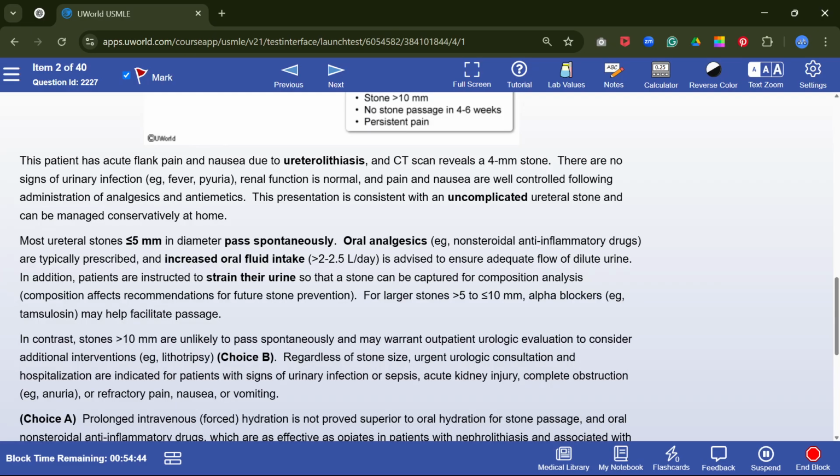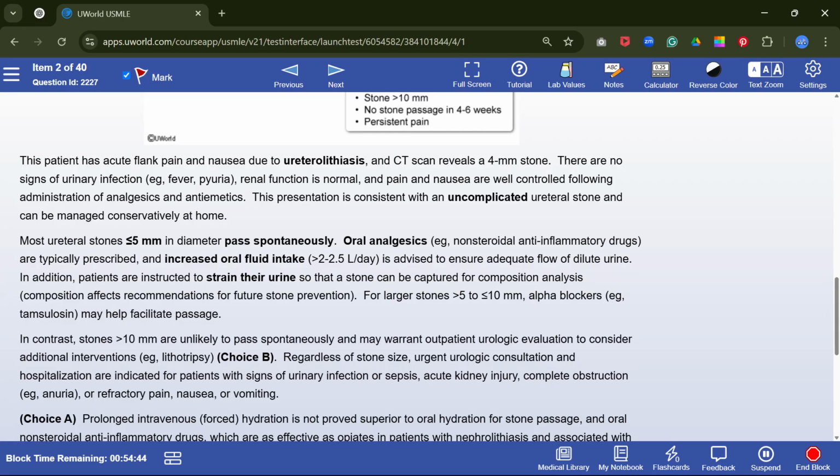In addition, patients are instructed to strain their urine so that the stone can be captured for composition analysis, which affects recommendations for future stone prevention.